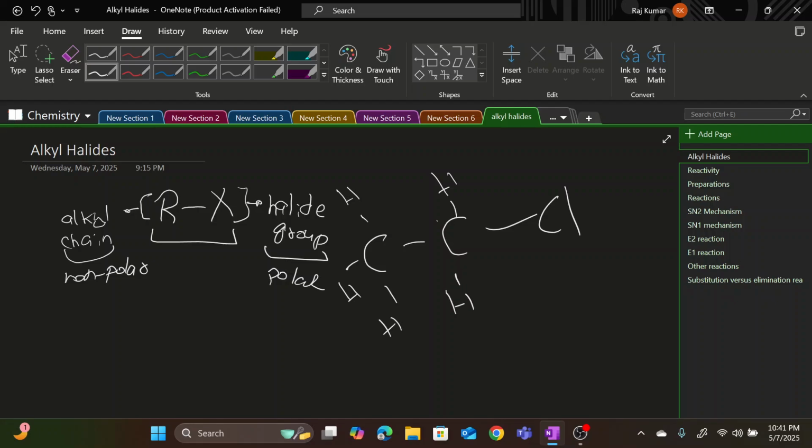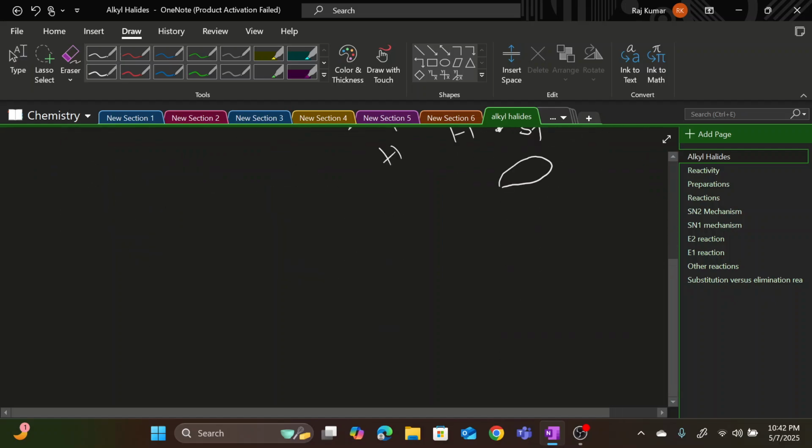So over here, this alkyl halide has a carbon attached to chlorine. This carbon has sp3 hybridization. It has sp3 hybridized orbitals, which of course gives a tetrahedral shape and a 109.5 degree bond angle.